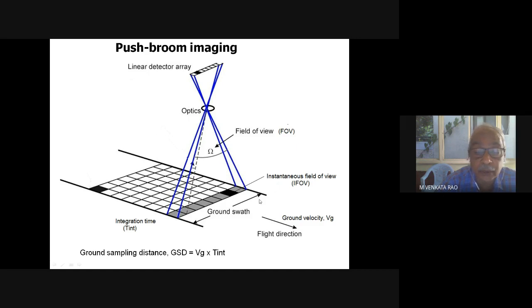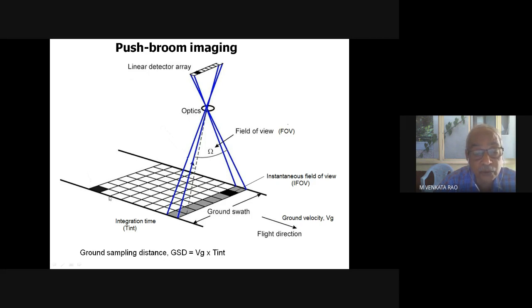That is IFOV. Then integration time, as I mentioned earlier, is the time taken for one line scan. This pixel can be square or some other dimension also. That is quite possible. So another term for this resolution is called ground sampling distance.